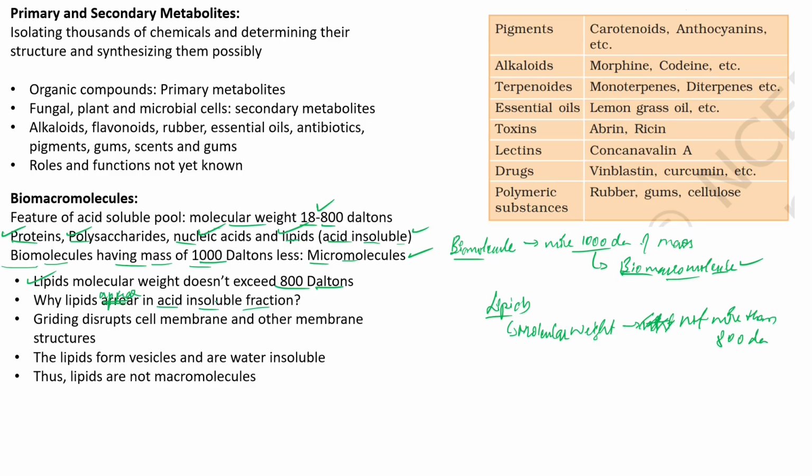When you grind the tissue with trichloroacetic acid, we observed that not only nucleic acids, polysaccharides, and proteins, but even lipids appeared in the acid insoluble fraction. All molecules in this fraction have more than 1000 Daltons of molecular mass, but lipids do not even cross 800 Daltons.